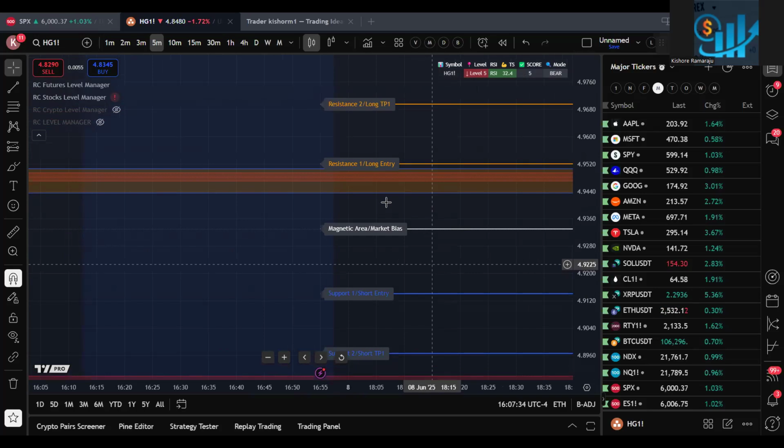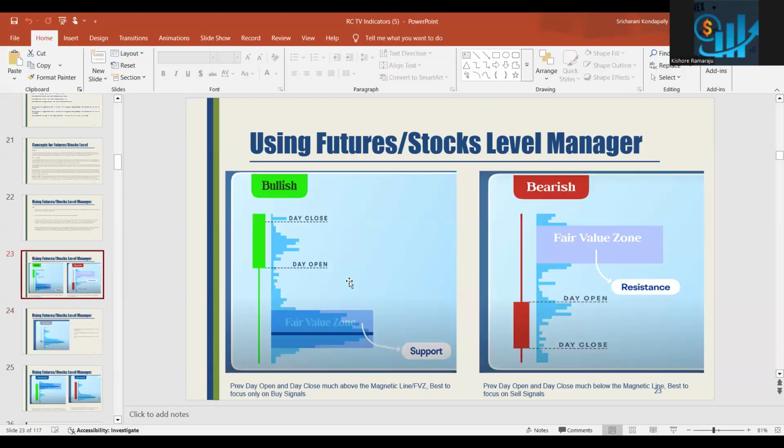Wait, let me show you. So one scenario is where your open and close are above the magnetic level. Then you focus only on the buy signals.